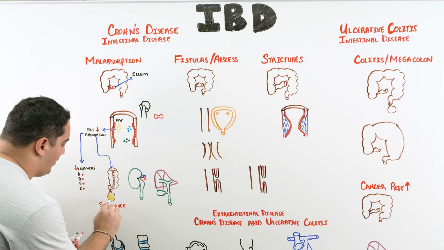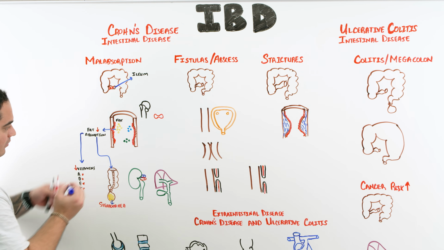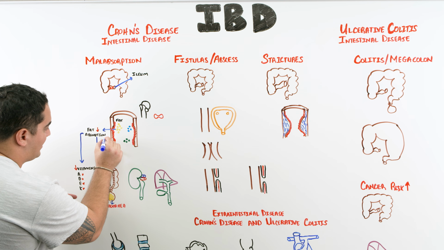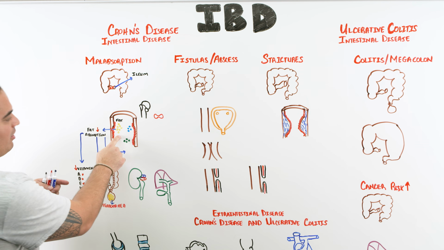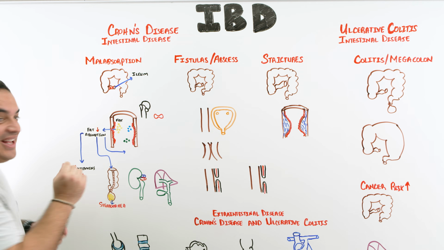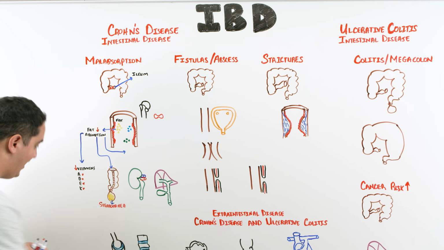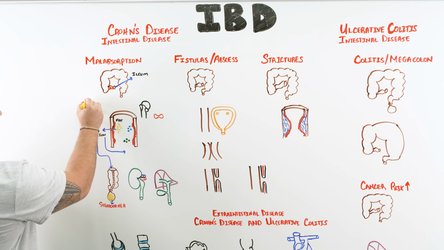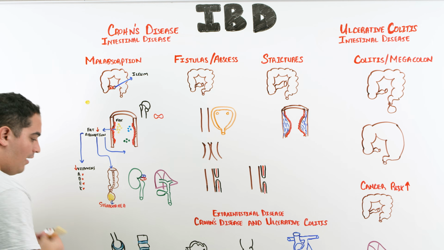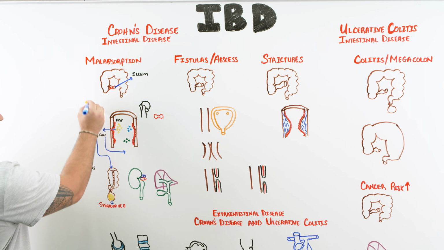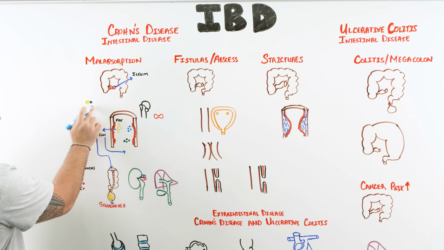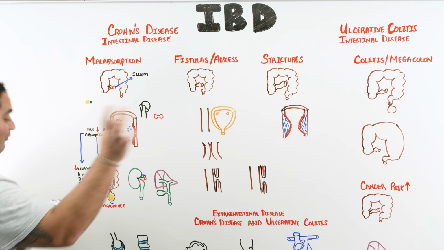The next thing that's really interesting is when you don't absorb fats. Fats really love to bind calcium. So imagine here I have a fat molecule, and it loves to bind with calcium. And when it binds with calcium, that leaves this other molecule free.